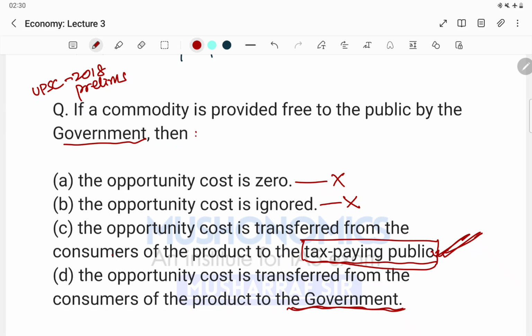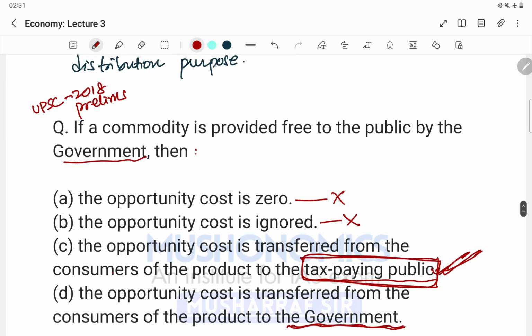Tax paying public only. So the opportunity cost is transferred from the consumers who are taking benefit to the public who are paying taxes, right? Because the opportunity cost is borne by the public. So this was the question that was asked on these topics that we have discussed here.